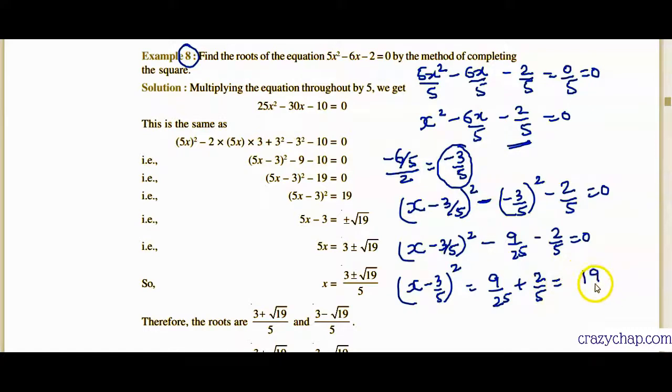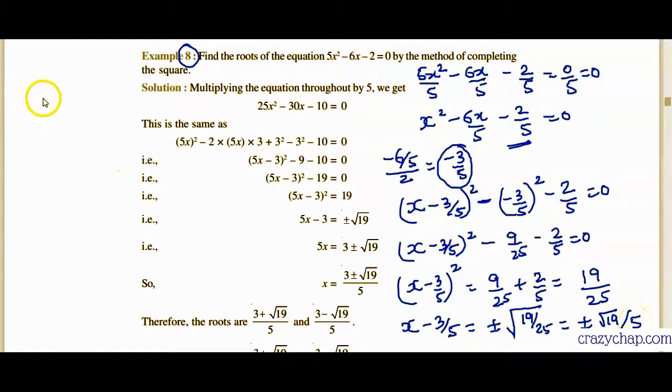So we get 19 over 25, and then the square will come to the other side. So we'll get x minus 3 over 5 equal to plus minus square root of 19 over 25, and we know square root of 25 is 5, so it basically becomes square root of 19 over 5.